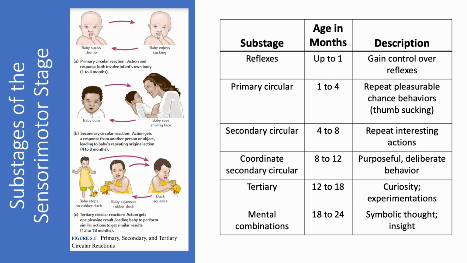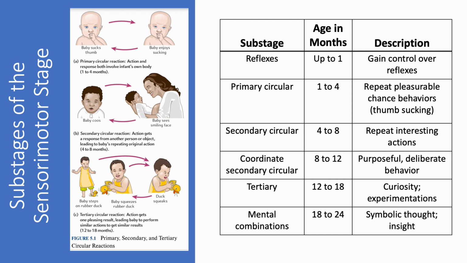The tertiary circular reaction is when actions get one pleasing result, leading the baby to perform similar actions to get those same results. This is usually 12 to 18 months. You see, the baby steps on the rubber ducky and it squeaks, so the baby squeezes the rubber ducky to get it to squeak. By the 6th substage, the child is in transition to the preoperational stage of early childhood.